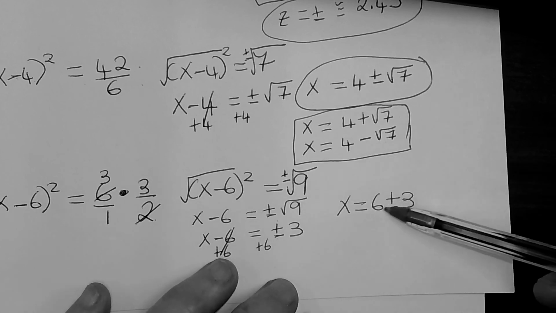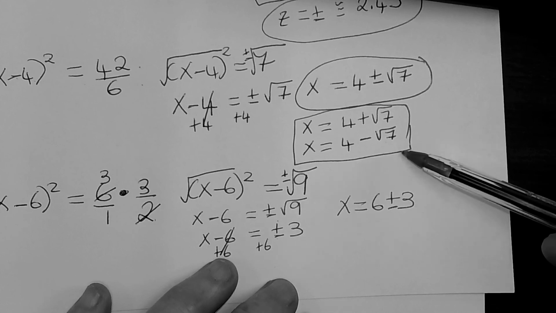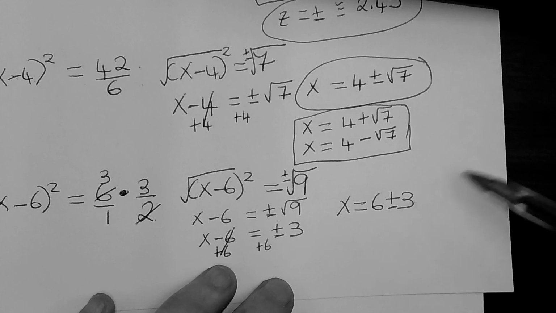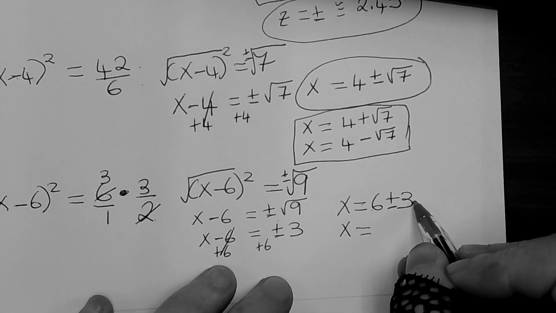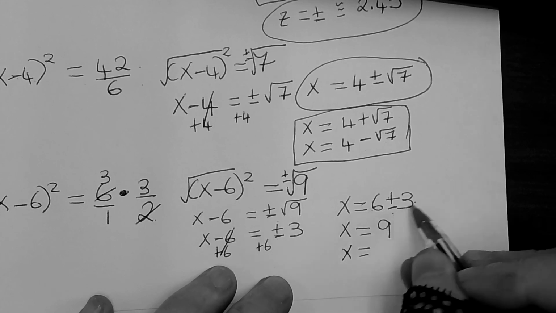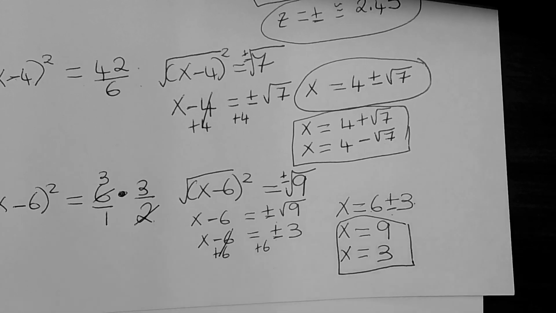These are proper numbers that are not irrational. Not that an irrational number isn't proper, but it can be simplified. So one of the answers is 6 plus 3, which is 9. And the other answer is 6 minus 3, which is 3. So here are your final solutions, 9 and 3.